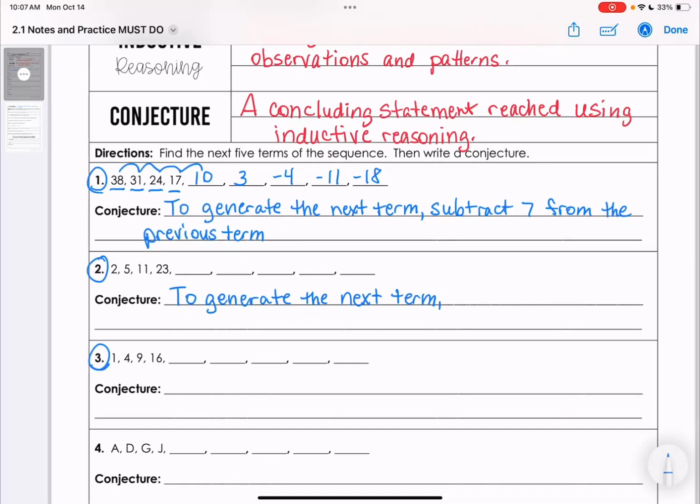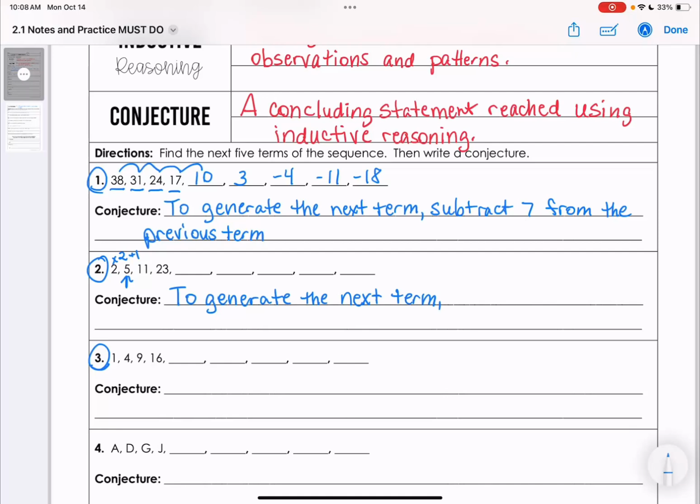Number 2, you can pause the video and look for a pattern. Here though, it looks like if we take 2 times 2 and then add 1, we get 5.